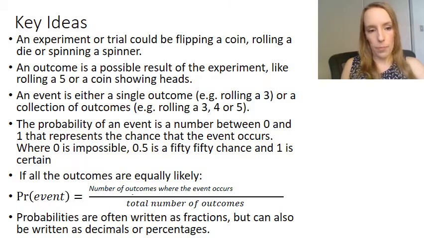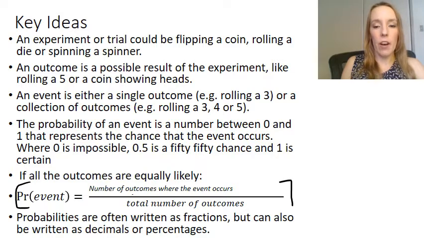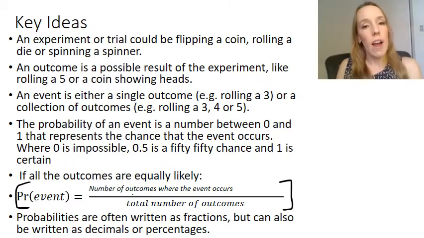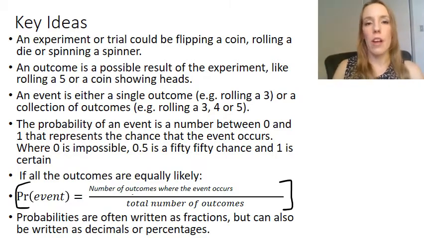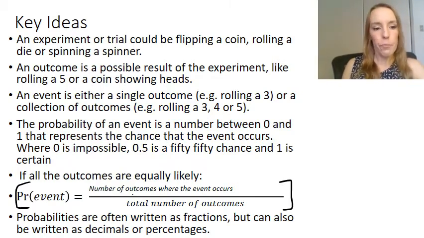So we actually have a formula here, which is very important for you to know, which we can use to calculate probabilities. If all the outcomes are equally likely, for instance, if you're rolling a dice, you're equally likely to get a 1 as you are to get a 2, a 3, a 4, a 5, or a 6, then we can use this formula. The probability, which we write as Pr, brackets, of the event. For instance, rolling a 3 could be your event. So let's do an example.